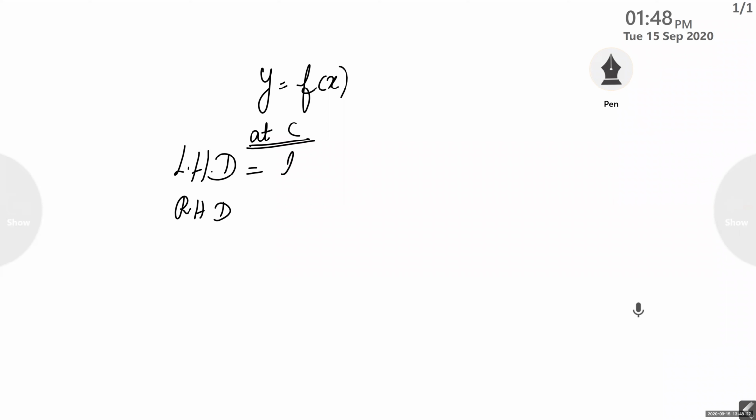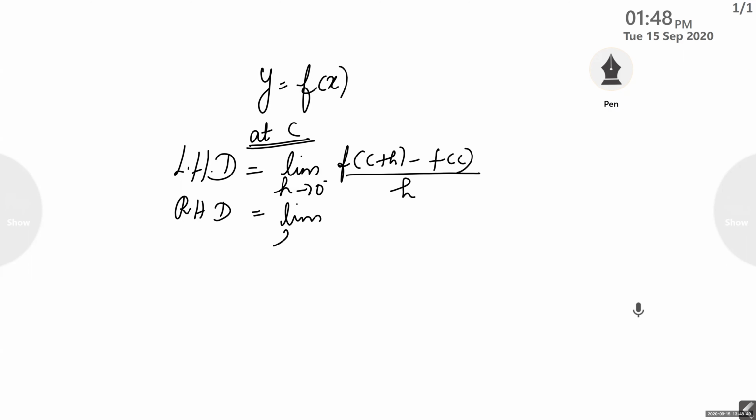Left hand derivative we gave as limit h tending to 0 minus, f of c plus h minus f of c by h, isn't it? And the right hand derivative is denoted by limit h tending to 0 plus, f of c plus h minus f of c by h.